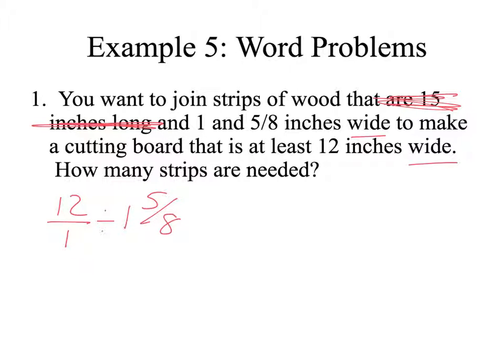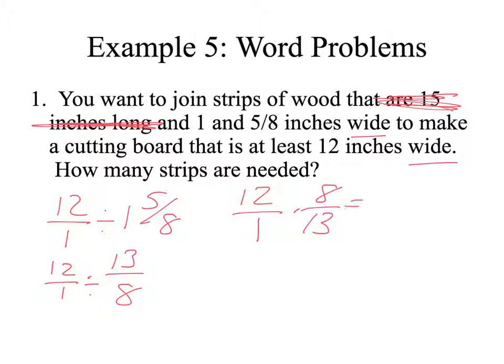I had to make the 12 a fraction, and the easiest way to do that is to make it 12 over 1. So 12 over 1 divided by 13 over 8. I'm going to take the second fraction and flip it upside down. So 12 over 1 times 8 over 13.